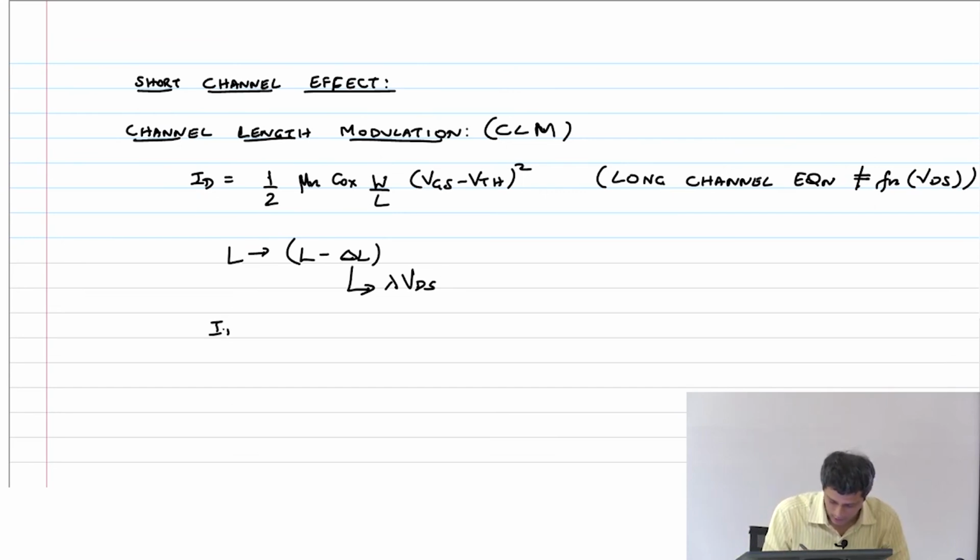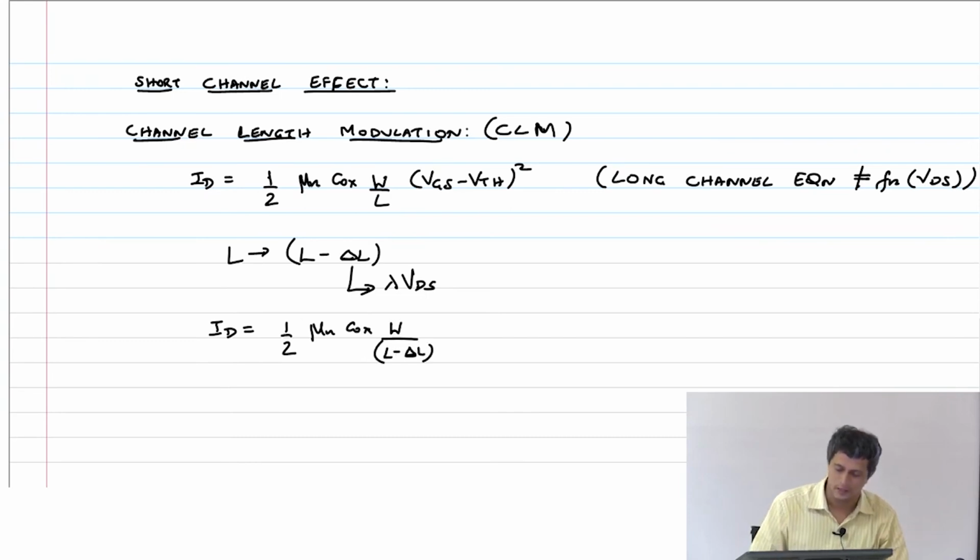So I will now replace my ID as half mu n Cox W by L minus delta L, right? And in fact, I will correct this a little bit more accurately now. VGS minus VTH, the whole squared.